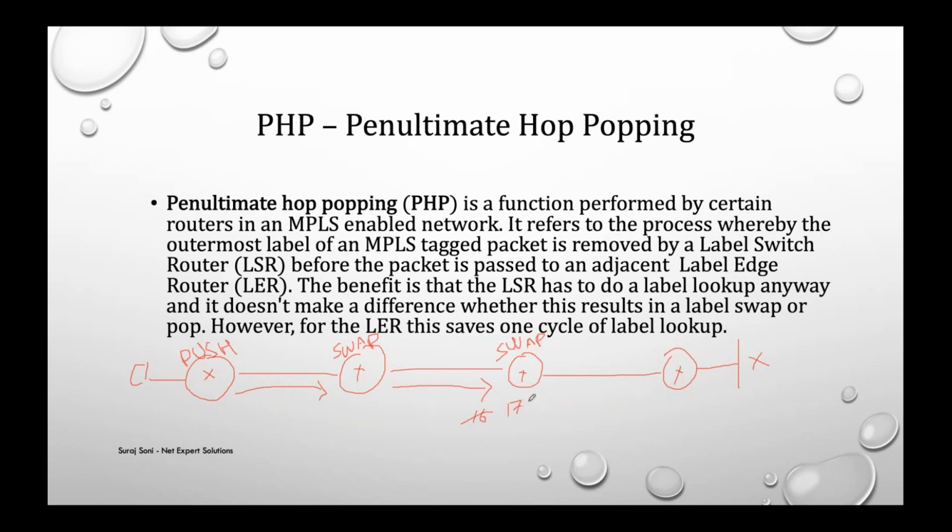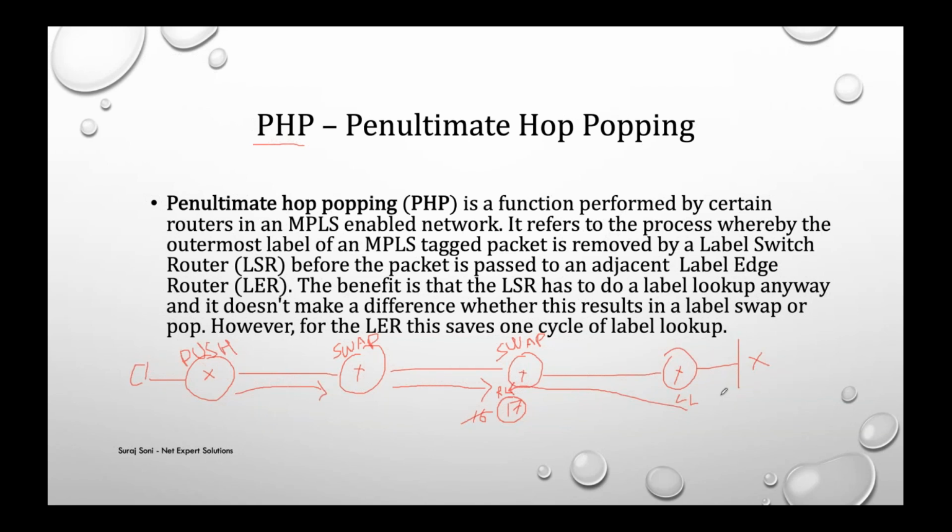But this is not actually happening due to PHP. What is happening is this: how do I get this 17? If you remember, 17 is my remote label. How do I get this remote label? Because this router has allocated one local label for the directly connected prefix, and that local label will be used as the remote label here.